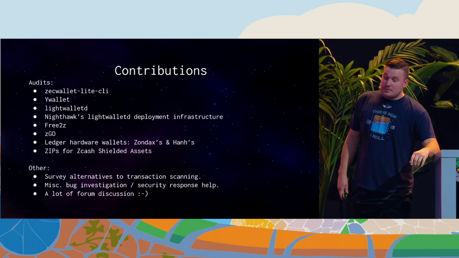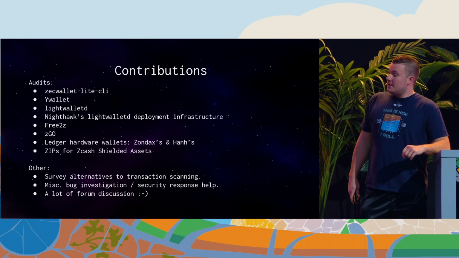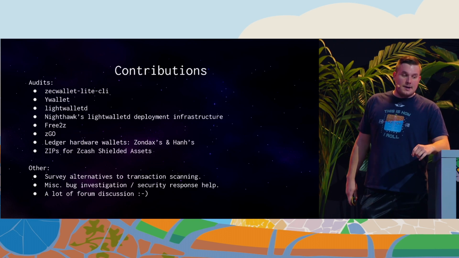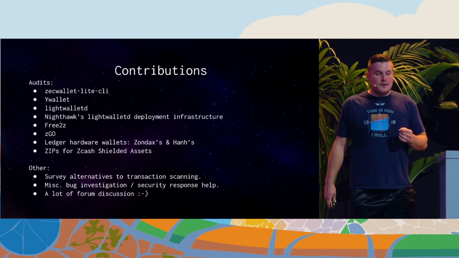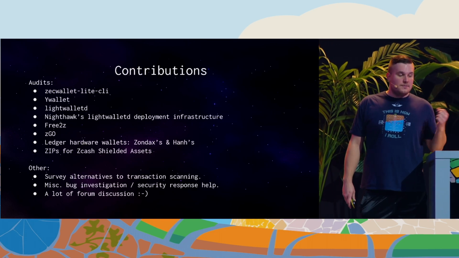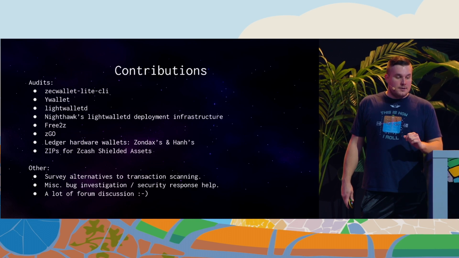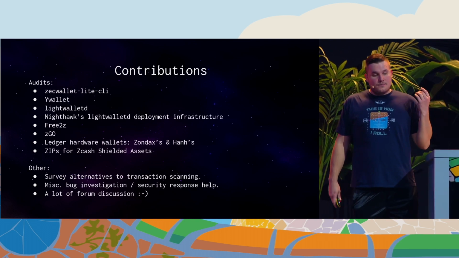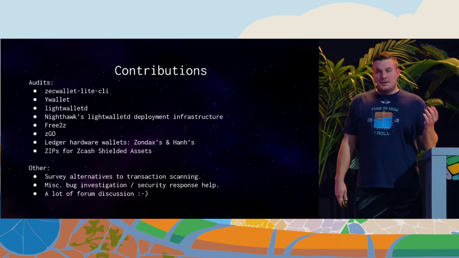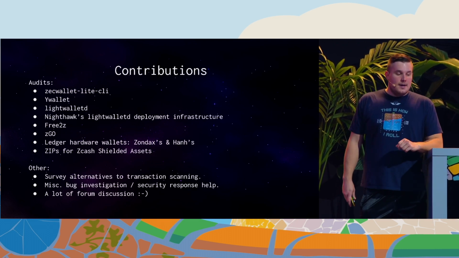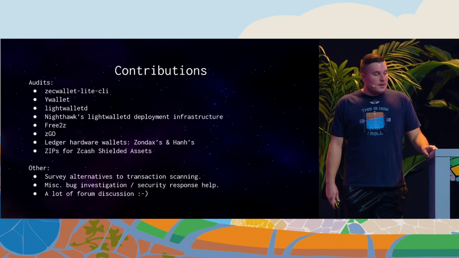What have I done over the past almost year? I've got 2 months left in this grant, and so far I've audited ZecWallet Lite CLI, YWallet, LiteWallet D, Nighthawk's LiteWallet D deployment infrastructure, Free2Z, Zgo, 2 implementations of hardware wallets, both Zondax's and Hans, and I also looked at the zips for Zcash shielded assets.